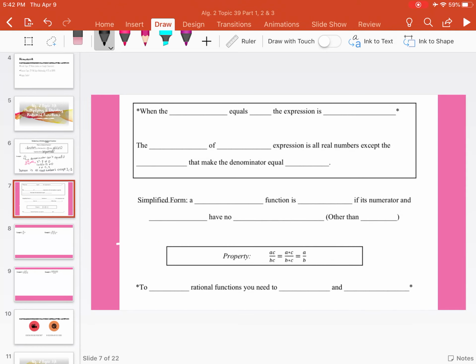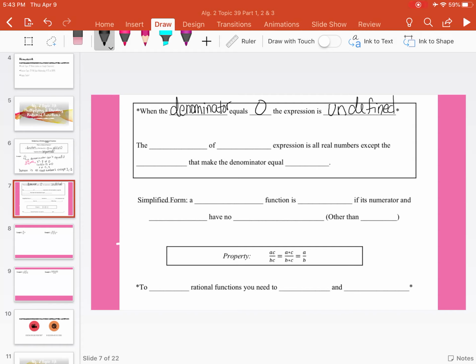Specifically, when the denominator does equal 0, then the expression is undefined. And you all might remember back to when in Algebra 1, if we ever divided by 0, if we were graphing that, that is a slope of an undefined value.